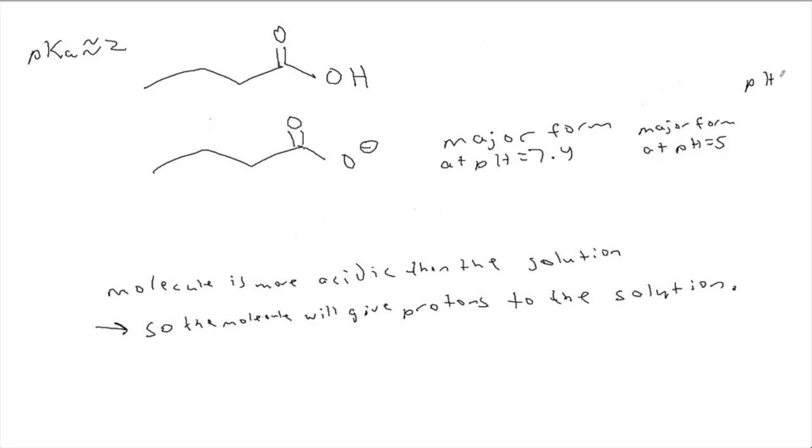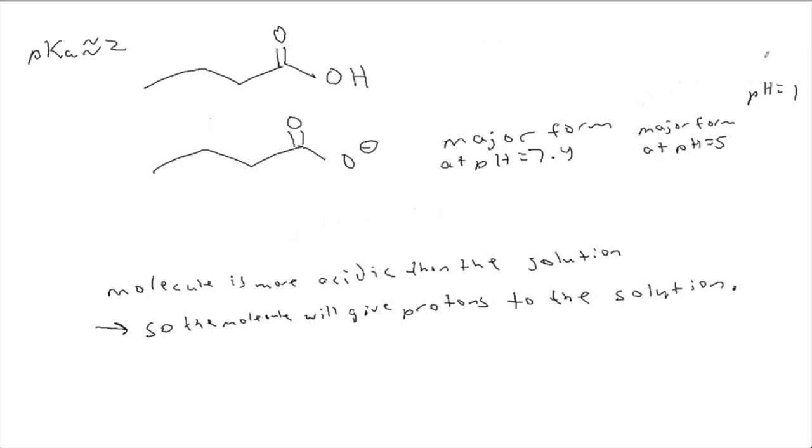Would you agree that when the pH is 5, even though this would still be the major form, it would be less extreme? Yes. Because we're getting closer to equality. Remember, if the pH equals the pKa, there would be equal amounts. Suppose that the pH was 1, which would be the major form?